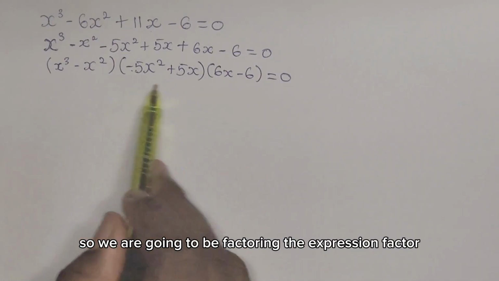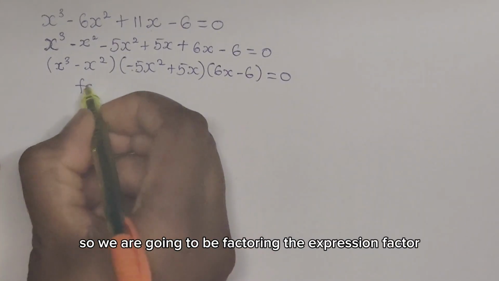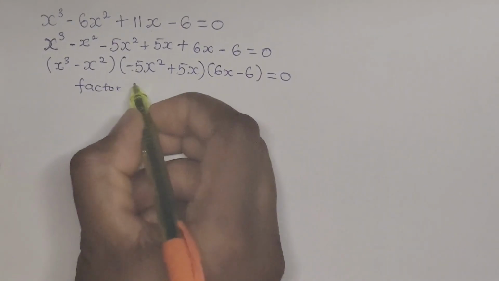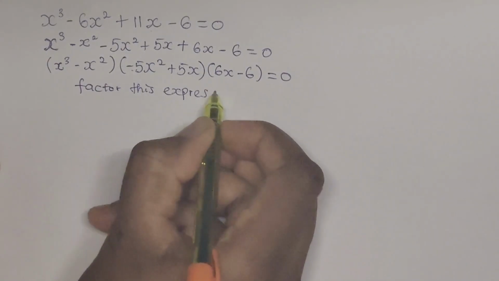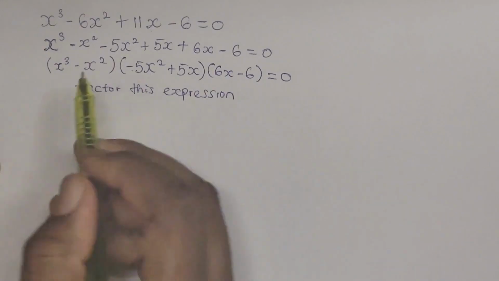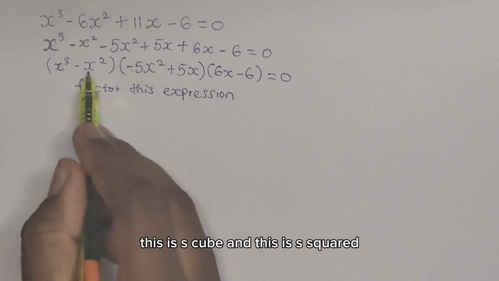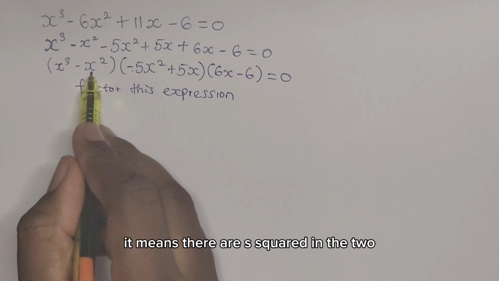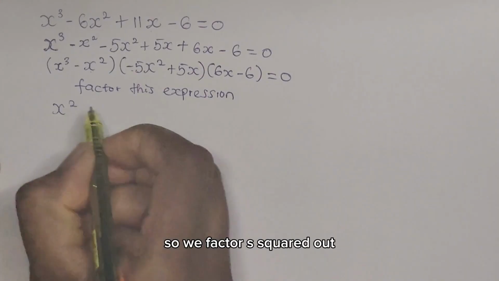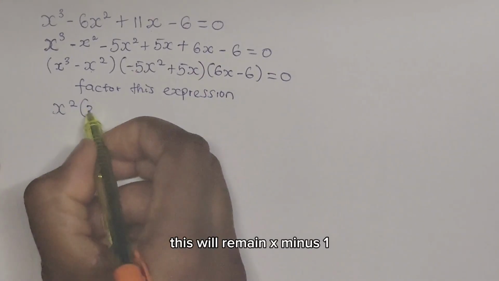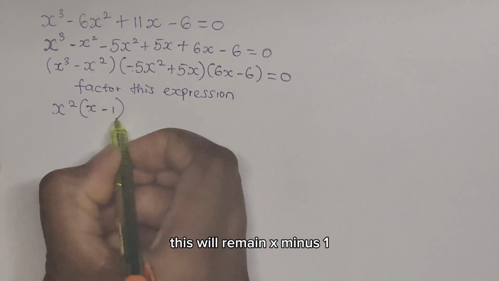So we are going to be factoring the expression. This is x cubed and this is x squared. It means there is x squared in the 2. So we factor x squared out. This will remain x minus 1.